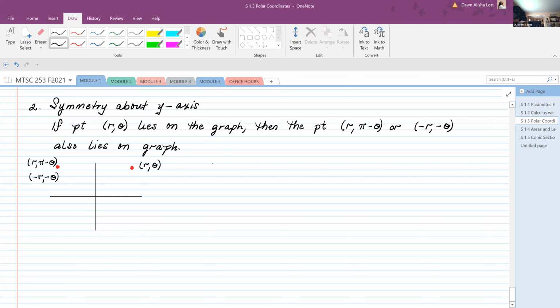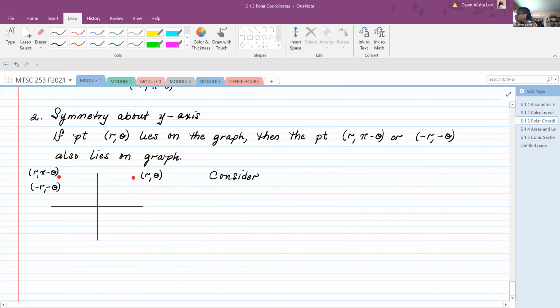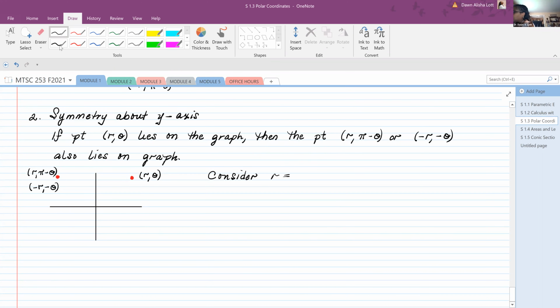So here's an X. For this one, I can go back and draw a limacon and see that it's going to be symmetric about the x-axis. That's what I mean. Whatever is happening, it's doing the same thing on the top as it's doing on the bottom. Okay, so symmetric about the y-axis, let's consider r is equal to a plus b sine theta.